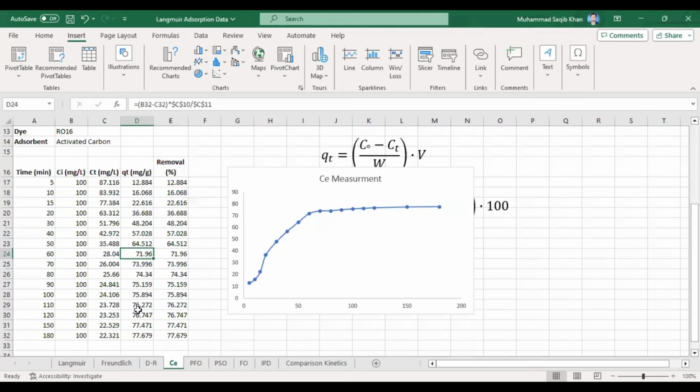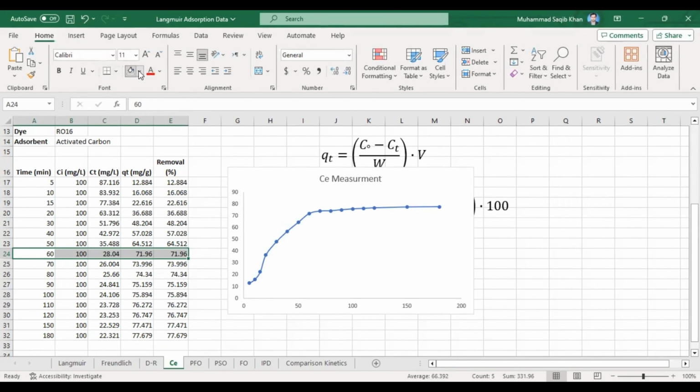This means that only 5 to 6% removal was done in the next 2 hours. Maximum removal was achieved in the first 60 minutes, so we can consider 60 minutes as our equilibrium time.